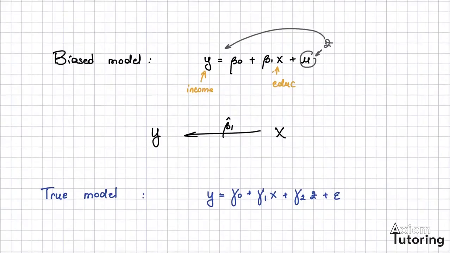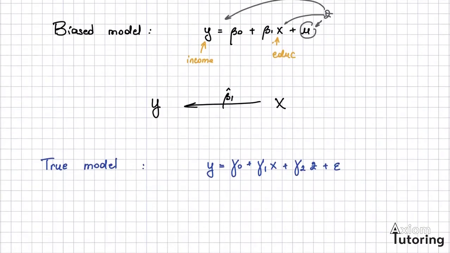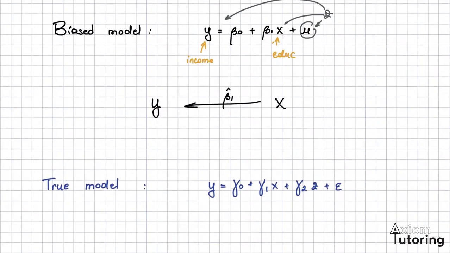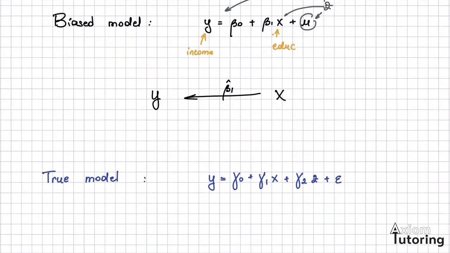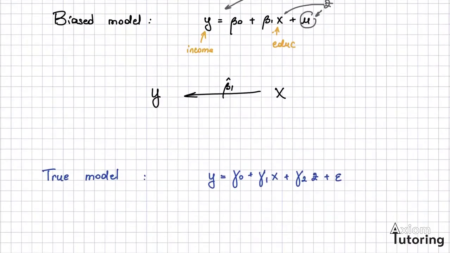The reason is that on top of Z being correlated with the Y, so affecting the Y, Z is also correlated with the X. So when we look at the true model, it means that in this diagram we also need a Z variable. And to that, we need to add an arrow that goes from Z to Y because we know Z affects Y.